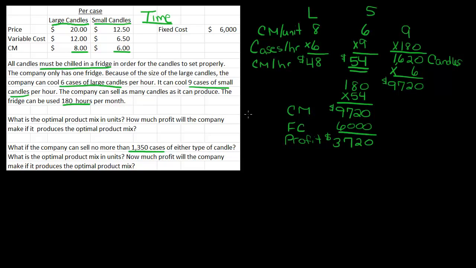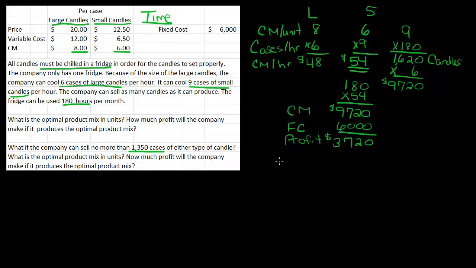Are we going to make more candles than we could sell? Probably not, because we could have those extra candles sitting in inventory, but they're not going to generate any revenue for us. So what if instead we made 1,350 cases of small candles, maximize the revenue from that, and then use the excess capacity to make some large candles and generate some income from that?